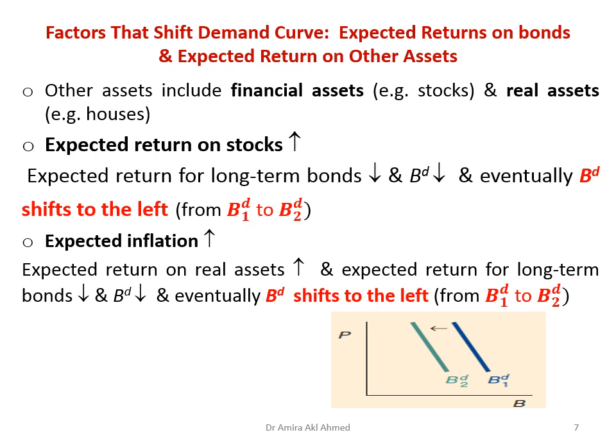Therefore, both expected capital gains and expected returns on stocks will rise. With the expected return on bonds unchanged, the expected return on bonds relative to stocks will fall, which will lower the demand for bonds and eventually shift the demand curve for bonds to the left.